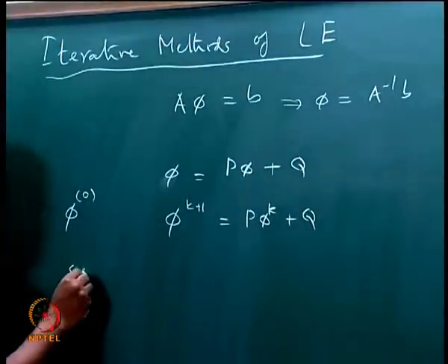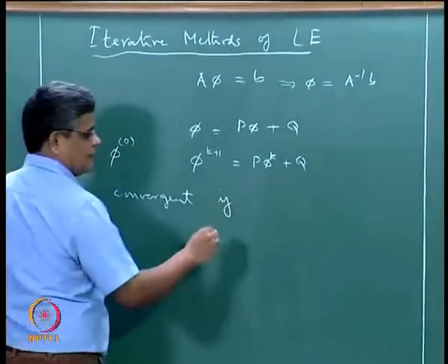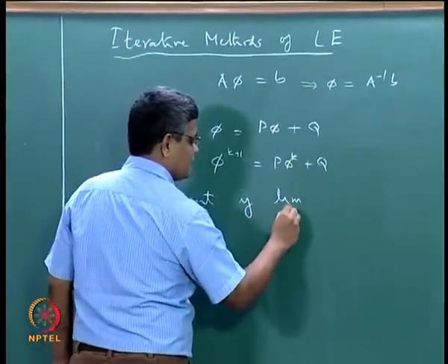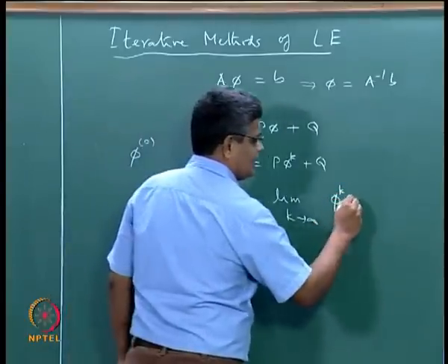This successive substitution is said to be convergent if the limit as k tends to infinity of phi k is equal to phi.